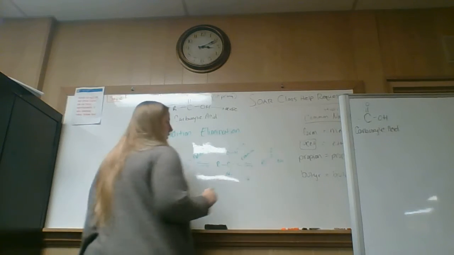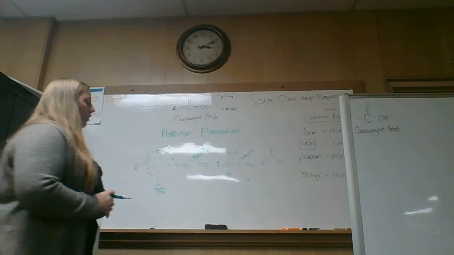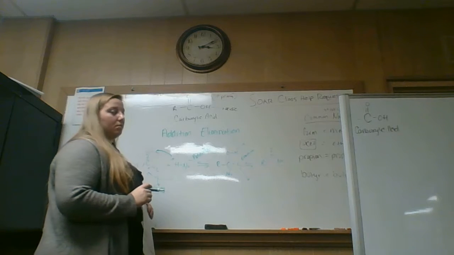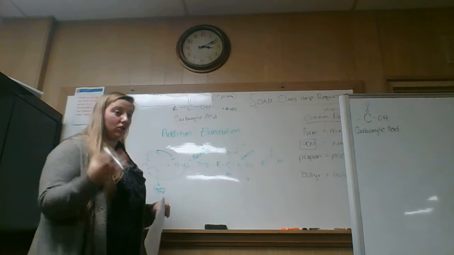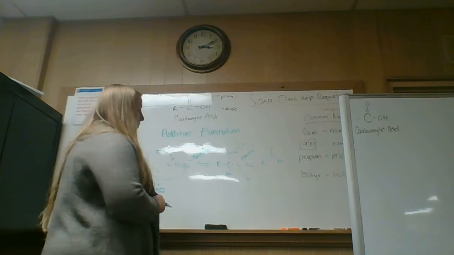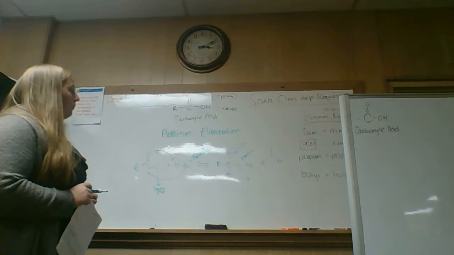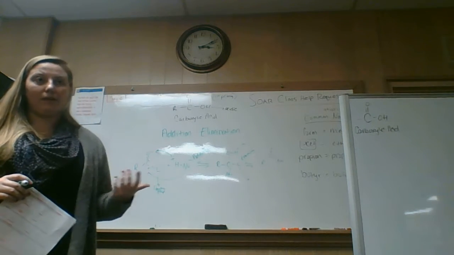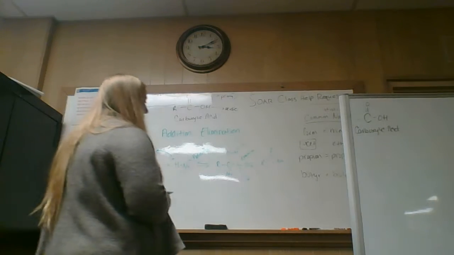How do you know where the double bond's going to form again for the elimination? I see what you're saying. So it has to do with where things are being taken off of, okay? Because that's going to kind of create the vacuum in a sense where a bond needs to be formed. So we know the leaving group is going to come off. The H here is also fairly acidic because it's an alcohol group. So that H is readily going to come off.